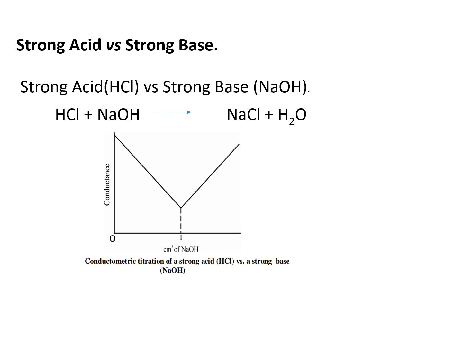A plot of conductance versus volume of alkali added gives two intersecting straight lines. As you can see in this diagram, the point of intersection gives the neutralization point, or we can call it as equivalence point or end point.